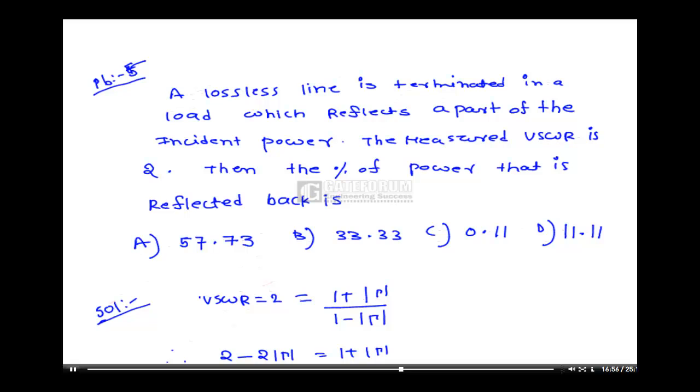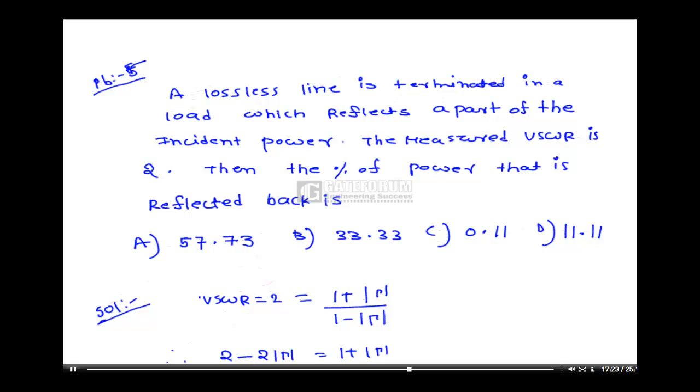VR square is equal to how much? Of course it is either plus or minus, but now square means it is plus only: VI square by 9. No, power, they are asking power. What is power? Power is equal to V square by R, that is also equal to I square R. We know this very well. Now here I am calculating for unit resistance.